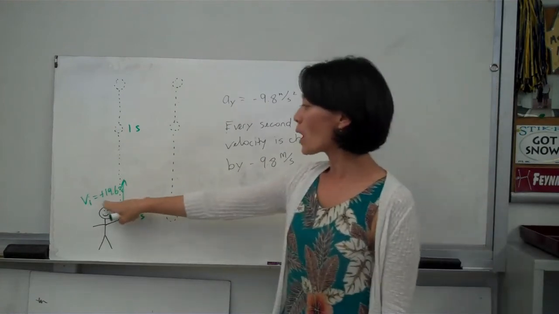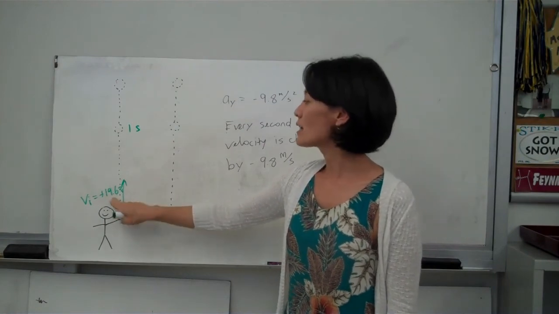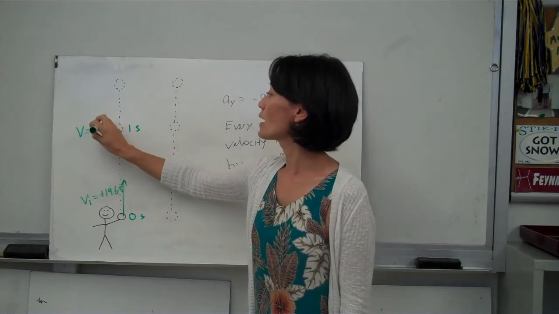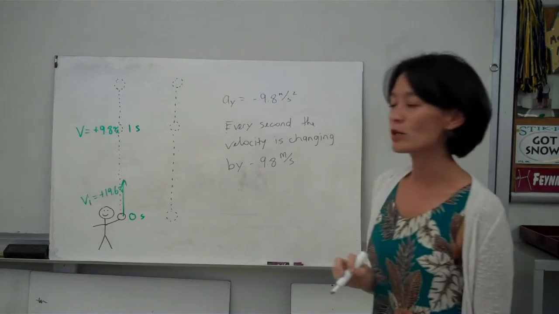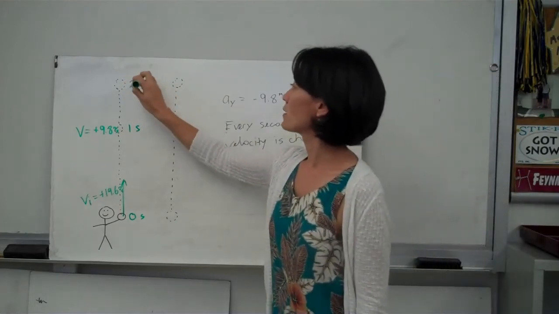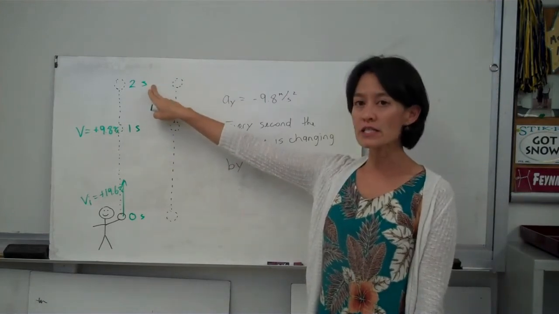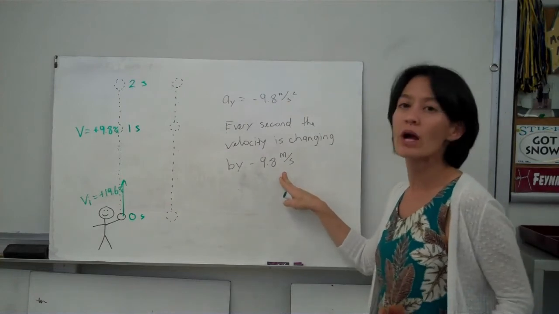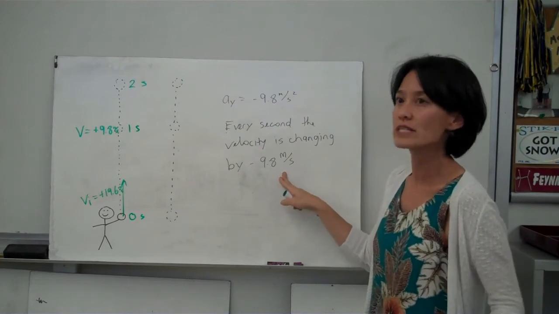So if I started at positive 19.6 and I change by negative 9.8, that means my velocity right here has dropped down by 9.8, which is conveniently 9.8 meters per second. Okay, another second goes by. In that 1 second interval, my velocity is going to change by negative 9.8 meters per second. Like, that's what gravity does. It changes your velocity by negative 9.8 meters per second every second.